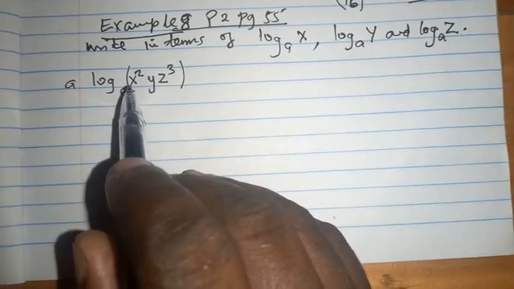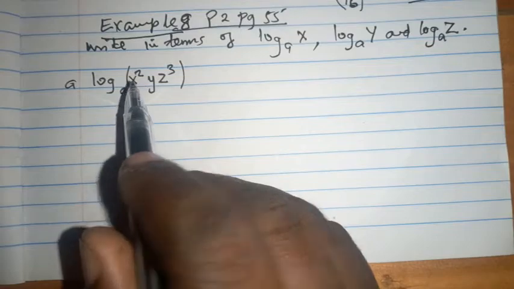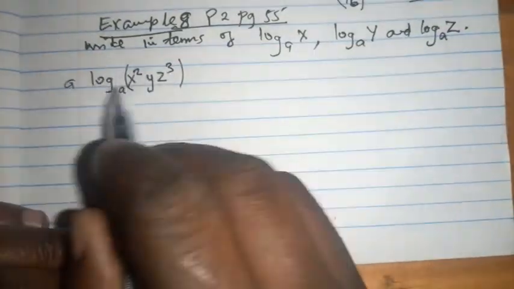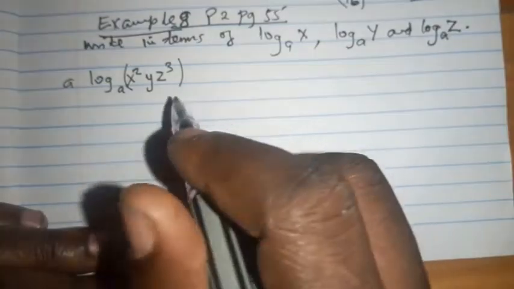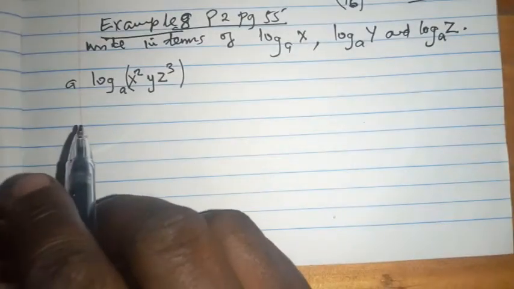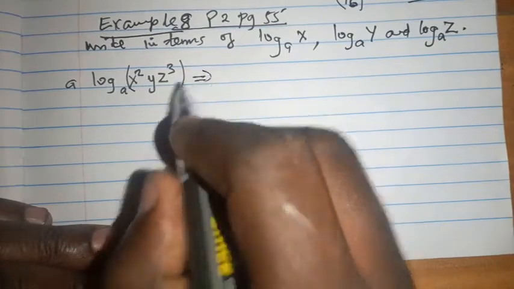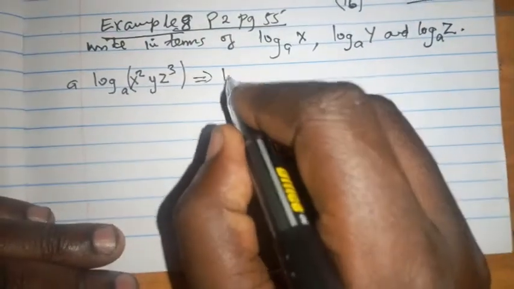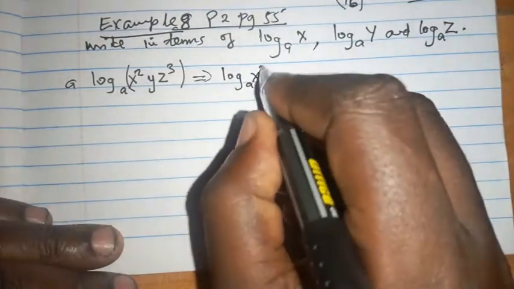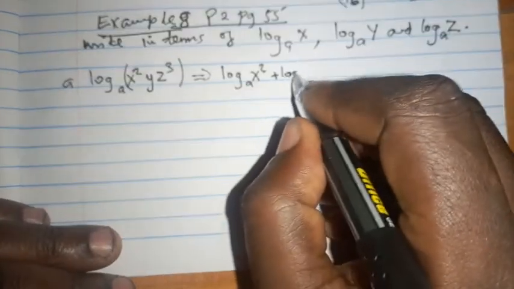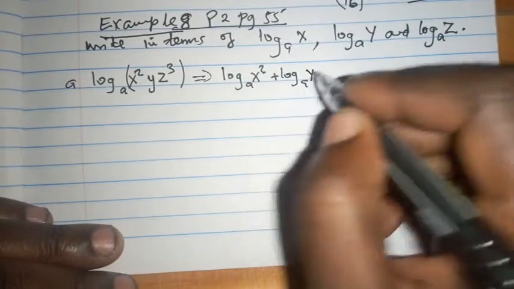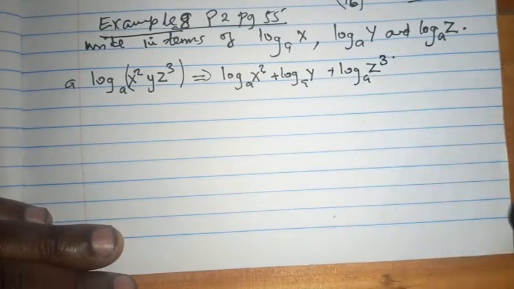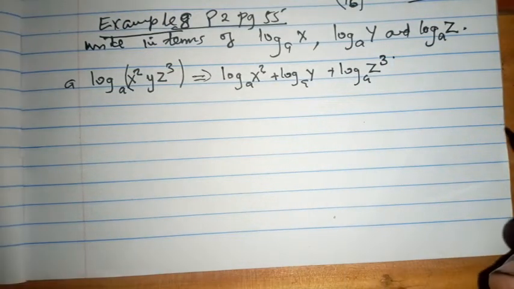We need to separate the three variables, each one of them with a log to base a, and because they are multiplied together, we apply law 1, and you're going to have log to base a of x squared plus log to base a of y plus log to base a of z cubed.